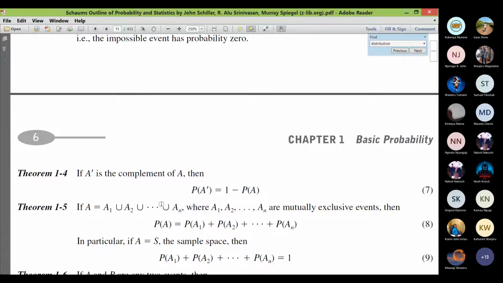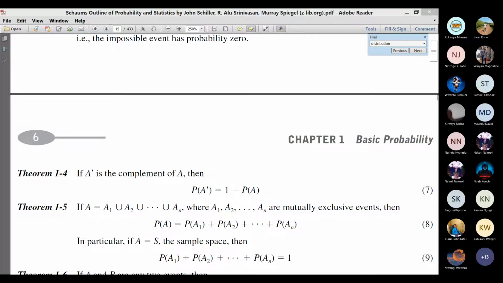One of the questions you may get, underline may, I'm not saying you will, you may, is a question that asks you for the axioms, or the properties. Mostly we call them properties. So you could be told to outline maybe 4 or 5 properties of a probability model.